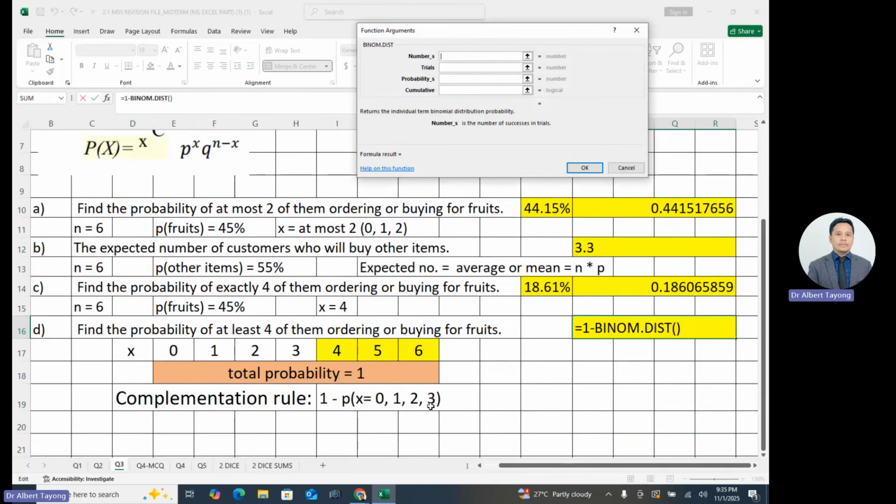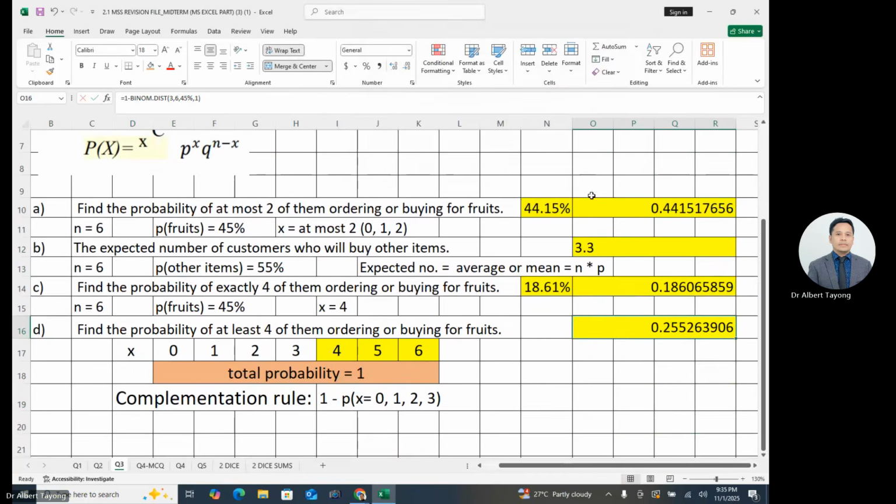So we have to pick the highest here. 0 to 3, the highest is 3. Number of successes, trials 6. The probability is 45%, because this is about buying fruits, and cumulative is 1 because there are many numbers there, 0 until 3. So the answer is this one.